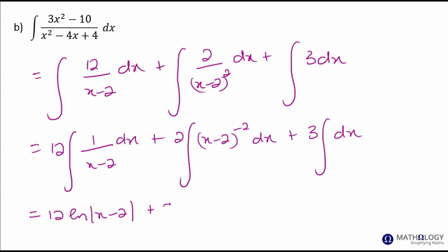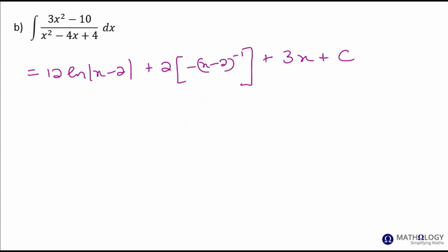Then we have plus 2 times, we're integrating x minus 2 to the minus 2, so we're going to add 1, which means we'll have x minus 2 to the minus 1, and then we divide by this exponent minus 1, so we're just going to put a minus in front of that, plus 3, and the integral of 1 dx will just be x, and then we add the integration constant.